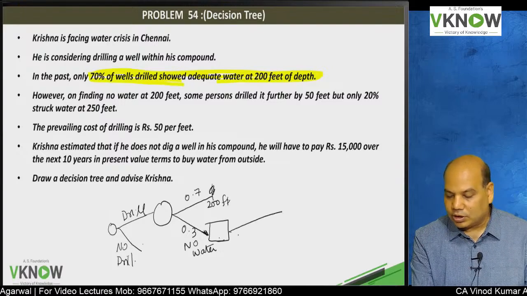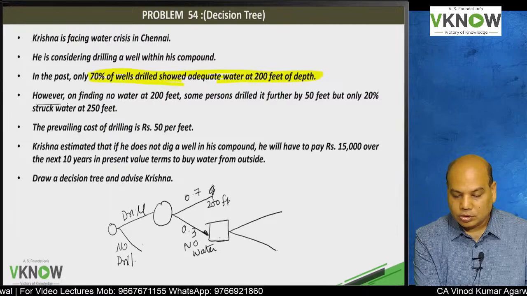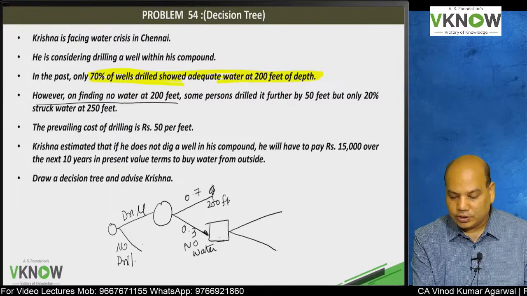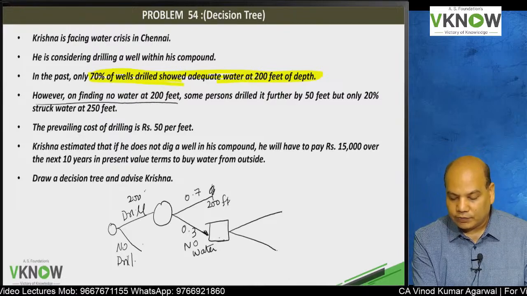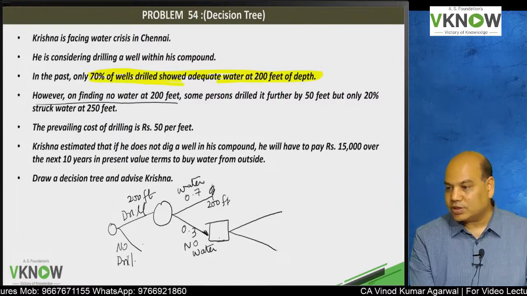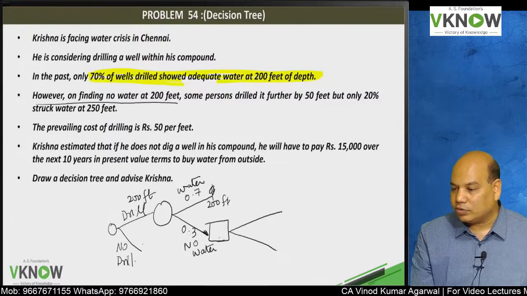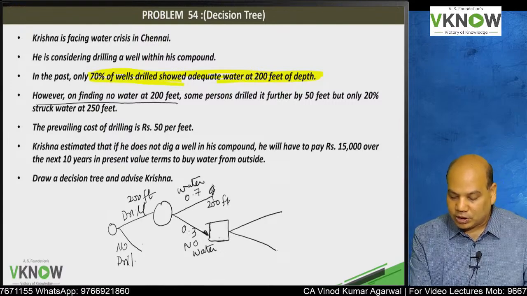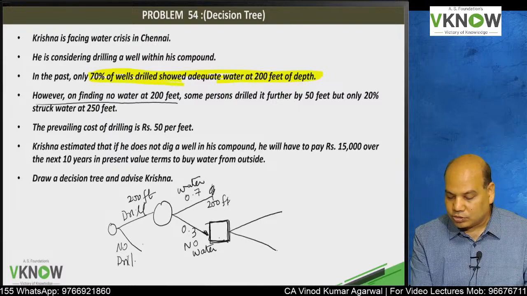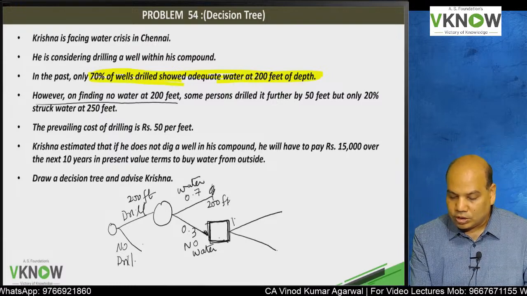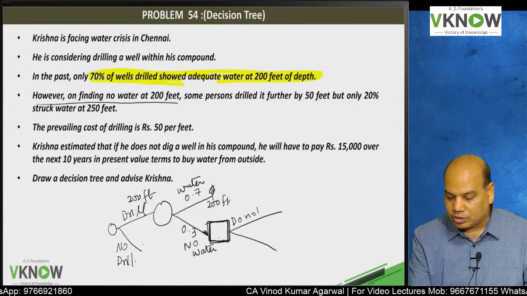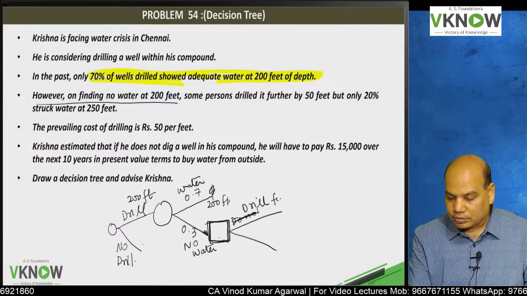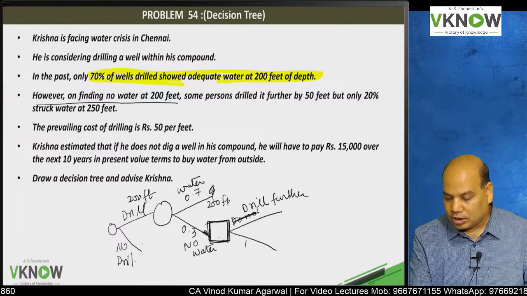If you don't get water on finding no water at 200 feet depth, first you drill 200 feet and you may get water with 0.7 probability, you may not get water with 0.3 probability. If you do not get water, you have to make a choice. What is the choice? You can drill further 50 feet, or do not drill.